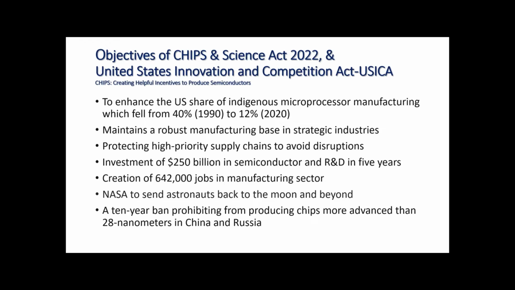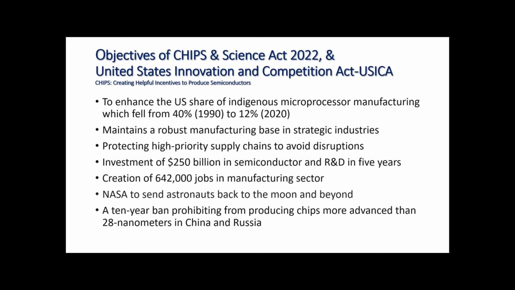So the government is spending this money to boost research and development, and to give incentives to manufacturers and corporations to bring manufacturing and research and development back to USA.